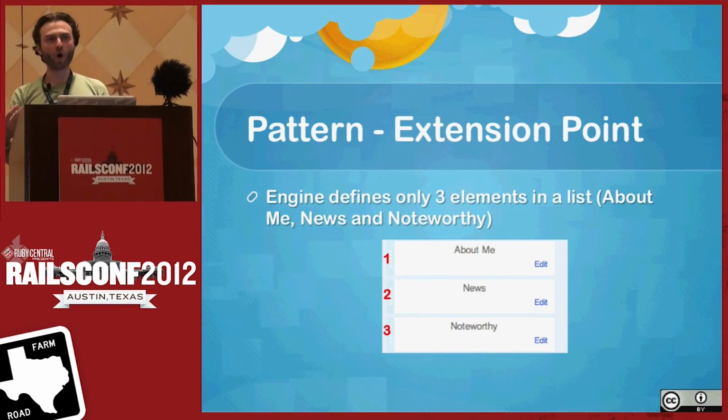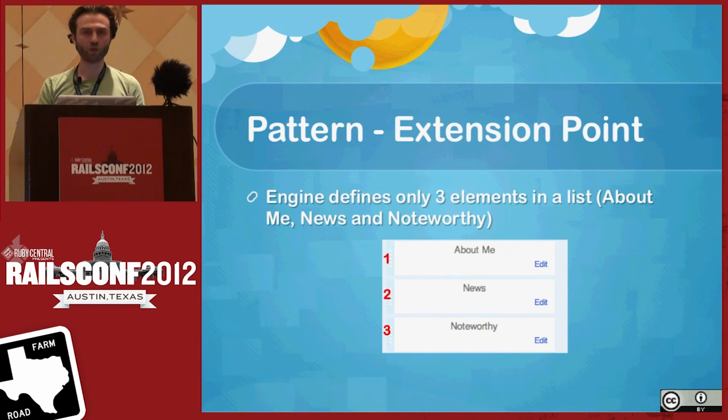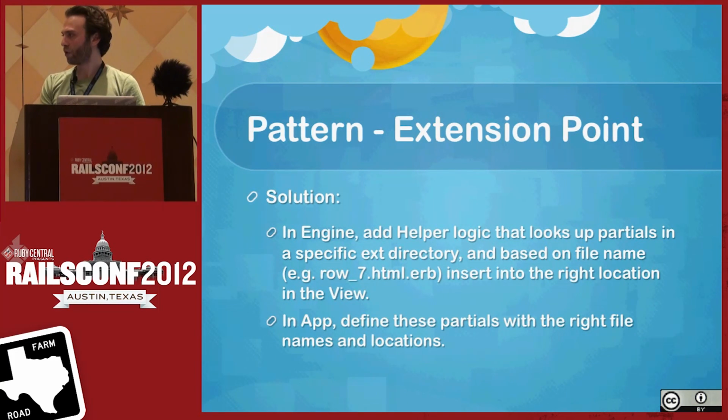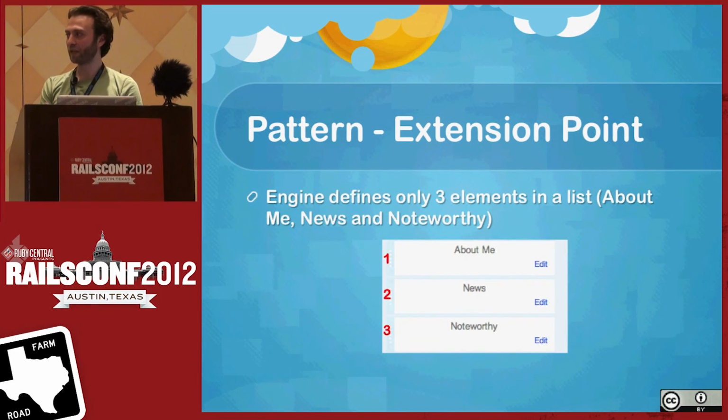So once you've outgrown the previous pattern that I just mentioned, which is extension or expose partial, the way to get around this problem is to use an extension point. What you would do is, in the engine, define a helper that renders that list, but with extra intelligence.